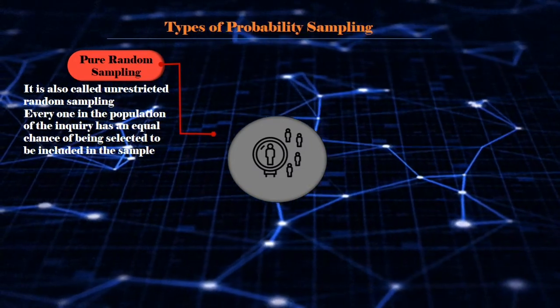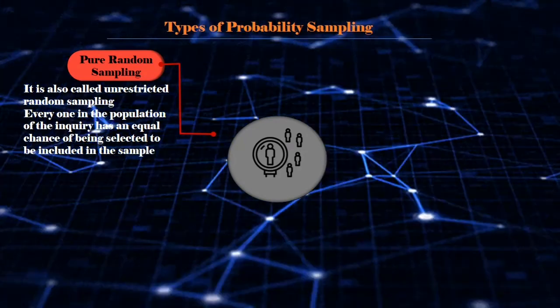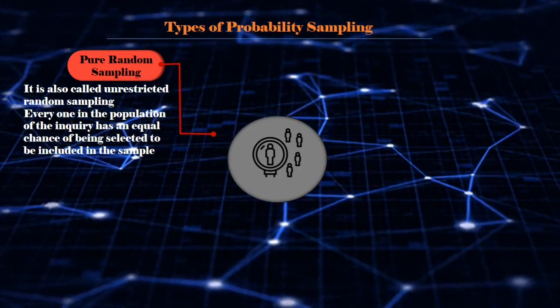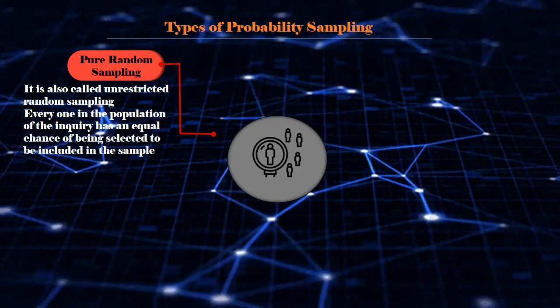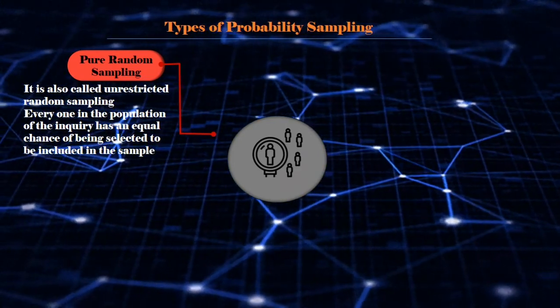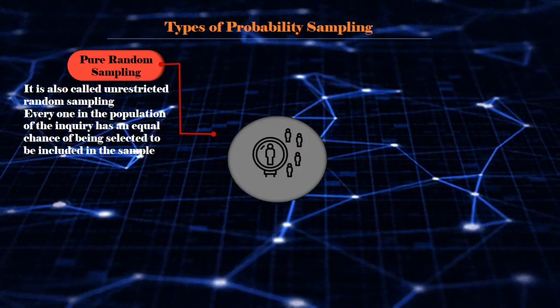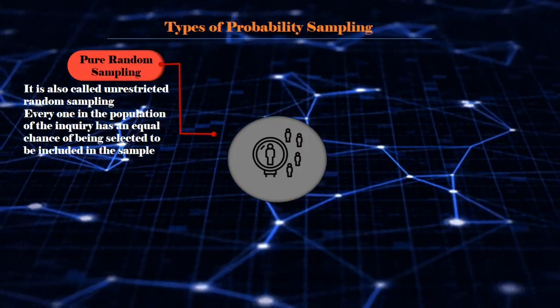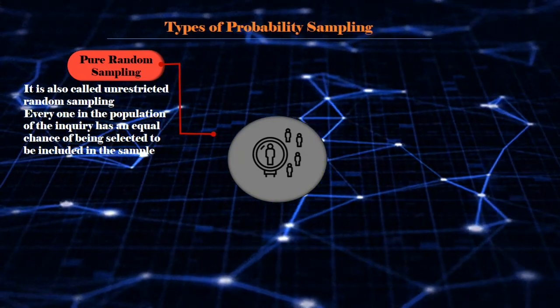So in pure random sampling, as I said earlier, each member has an equal probability of being chosen. Researchers can create a random sample using methods like lotteries or random draws.